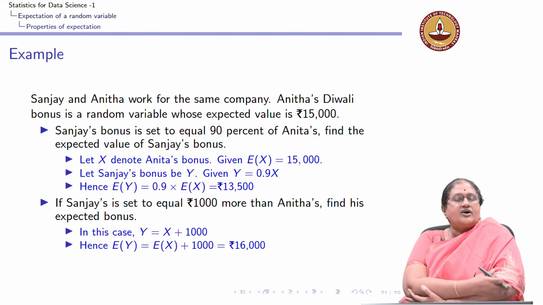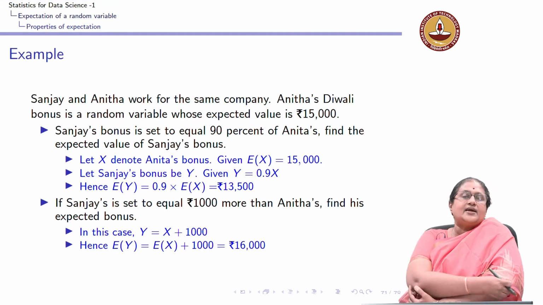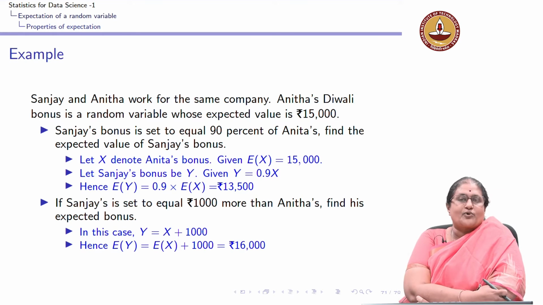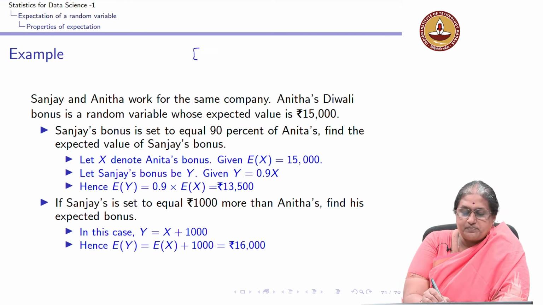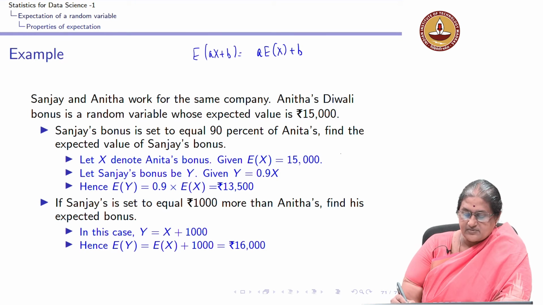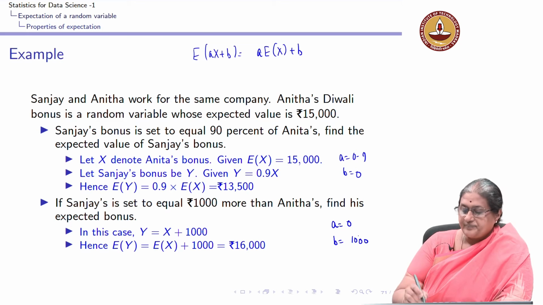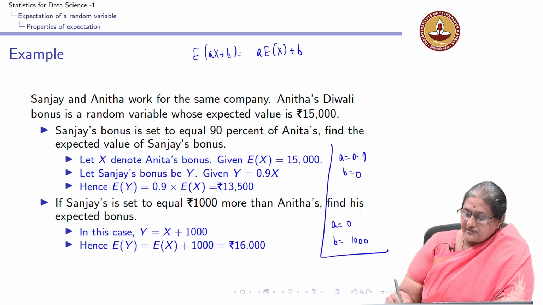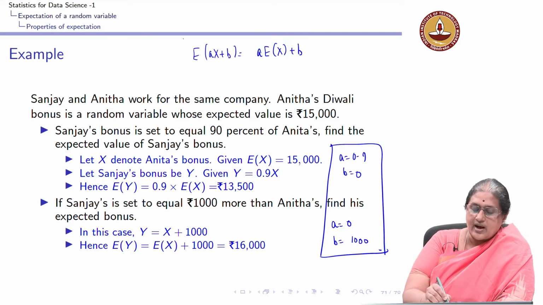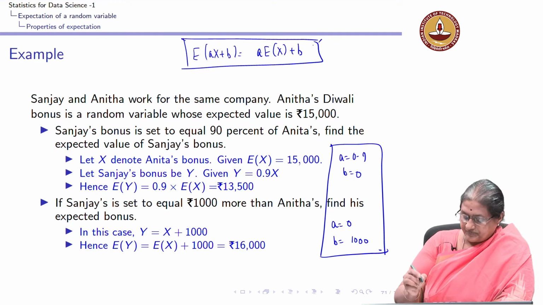So, you can see how we have just applied the expectation property of expected value of Ax plus b equal to A into expectation of x plus b. In the first case, my A was 0.9 and b was 0. In this case, A was 1 and b was 1,000. So, you just need to identify what your constants are to apply this property.